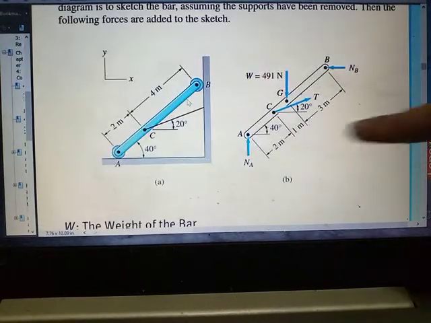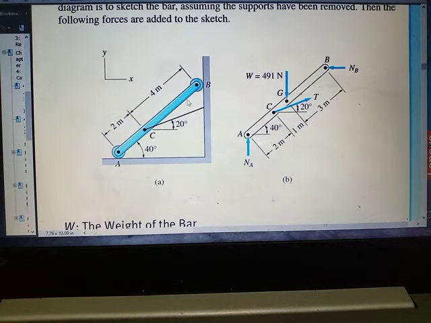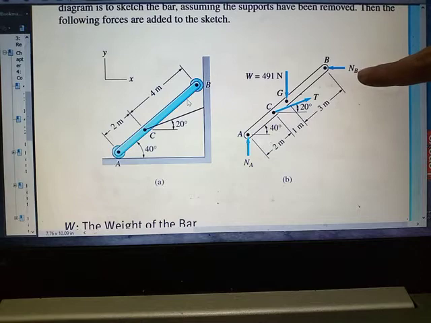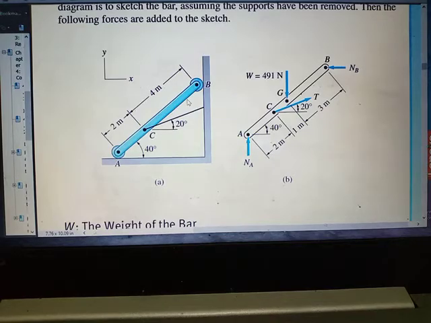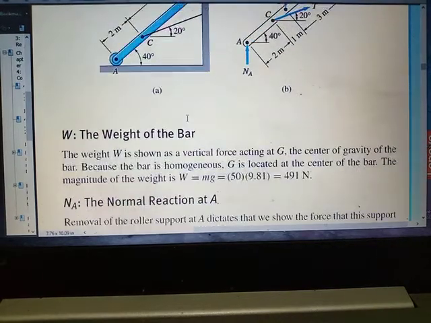And then, be sure, pag nag-solve ka ng problem, kailangan mong bilangin yung number of unknowns. Dito, 3. Kaya, 3 yung number of unknowns mo, dapat 3 din yung equation mo. Summation of forces X, summation of forces Y, and summation of moment is equal to 0. Okay, so yan.